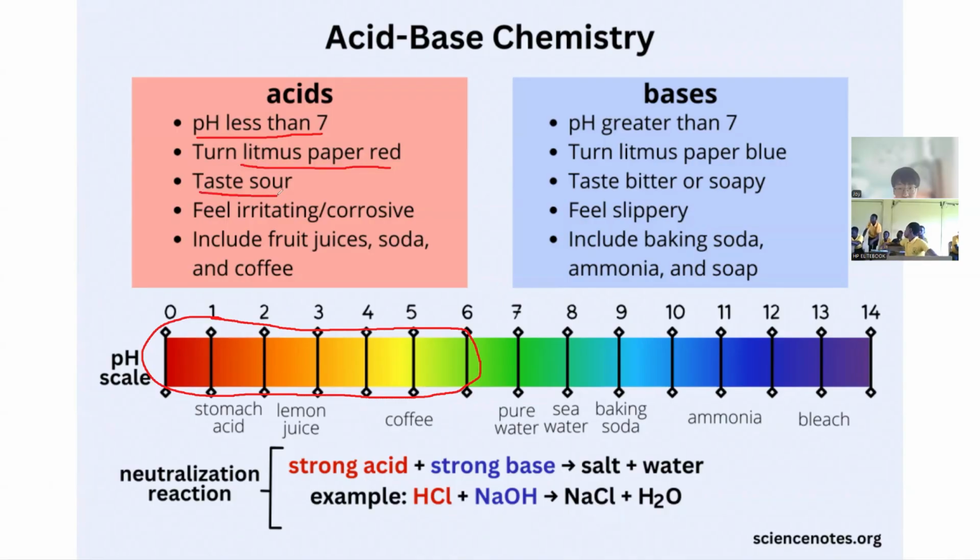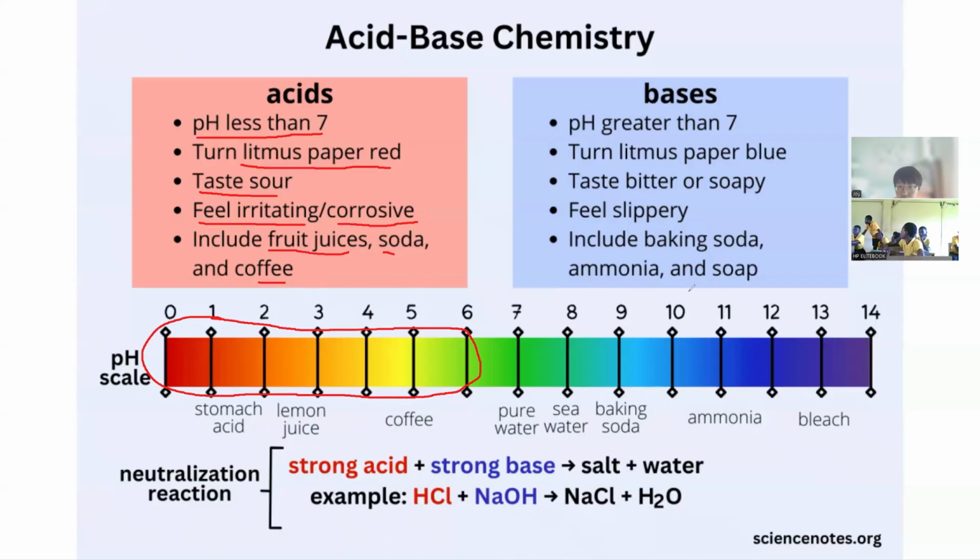It tastes sour. If you have tasted oranges or lemons before, you can tell that they are very sour. That taste of sour is a property of acids. And it feels irritating, corrosive. Examples are fruit juices, soda, and coffee.